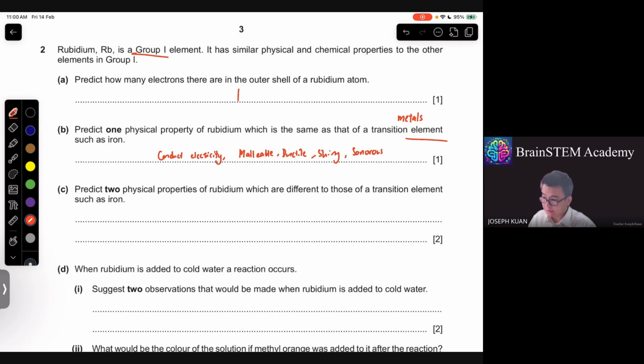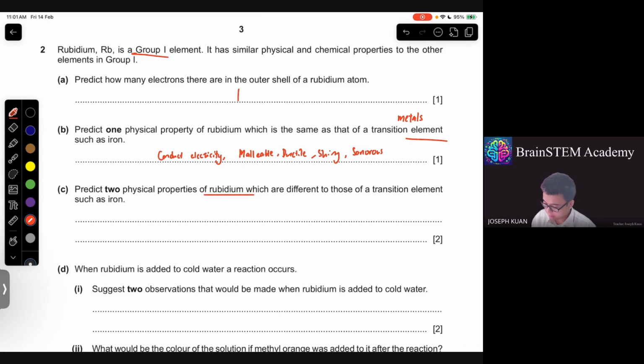Predict 2 physical properties of rubidium which are different to those of a transition element such as iron. Now, group 1 has lower density, a lower boiling point or melting point, and it's softer. Also, the strength is lower than a transition element.